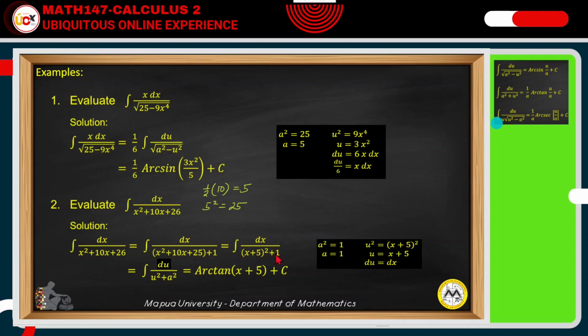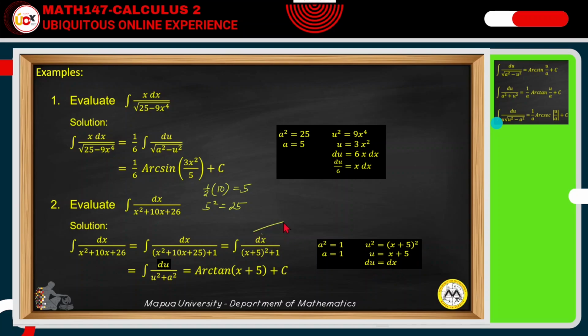And as you can see, the transformed denominator is of the form u squared plus a squared, where a squared is 1 and u squared is x plus 5 to the second power. Then taking the square root of both sides, a equals 1 and u equals x plus 5. And then taking the differentials of this equation, you have du equals dx.